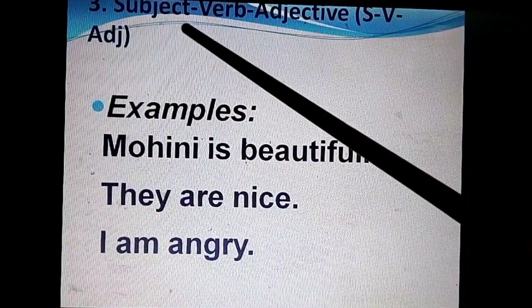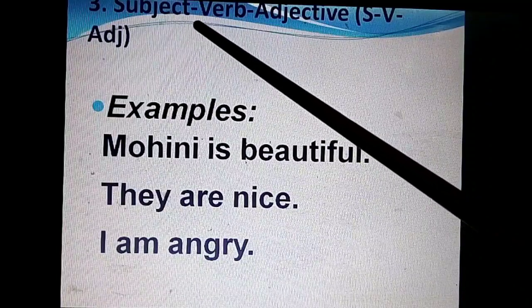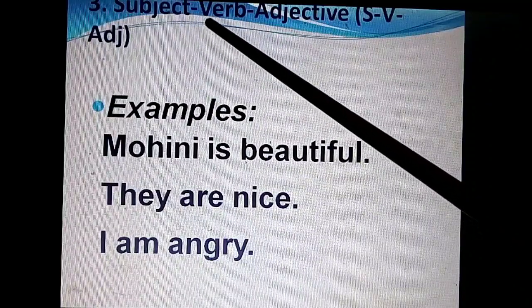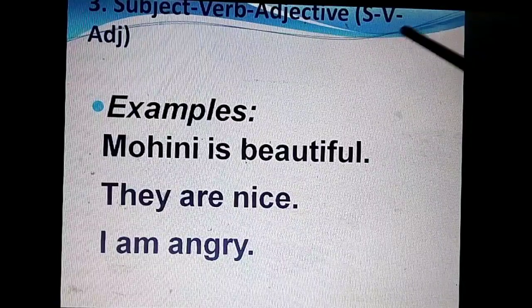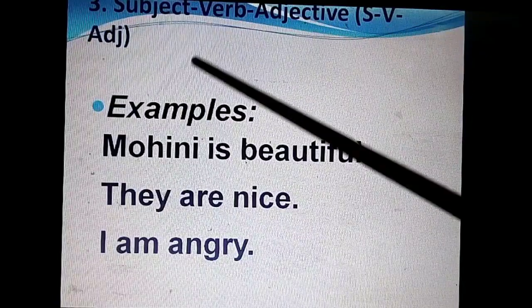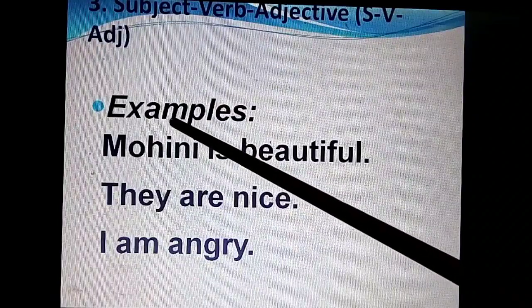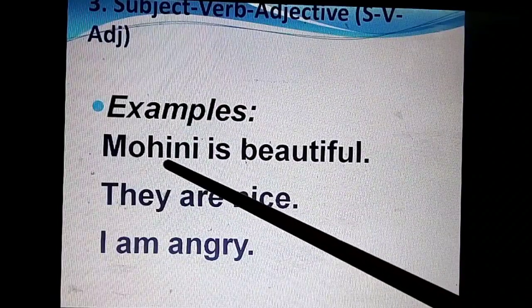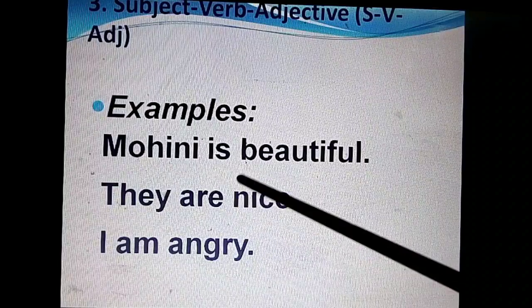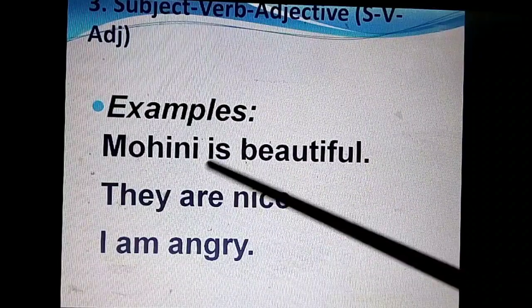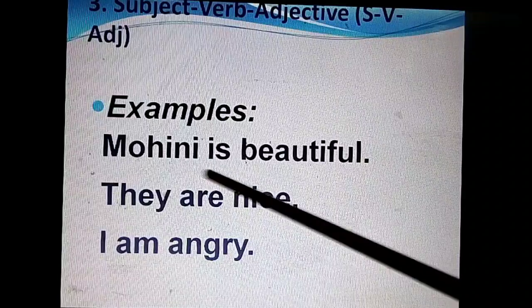So let us go on to the third combination, and that is subject verb adjective, SVADJ. So subject verb adjective. Examples: the first one is Mohini is beautiful. Mohini is beautiful.